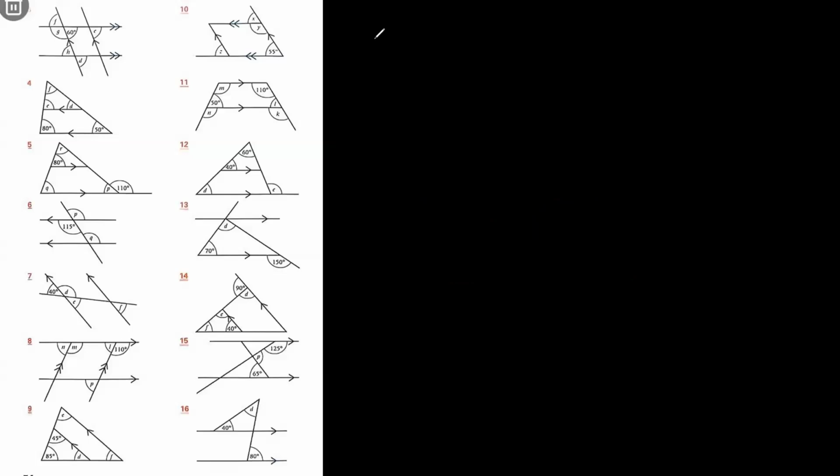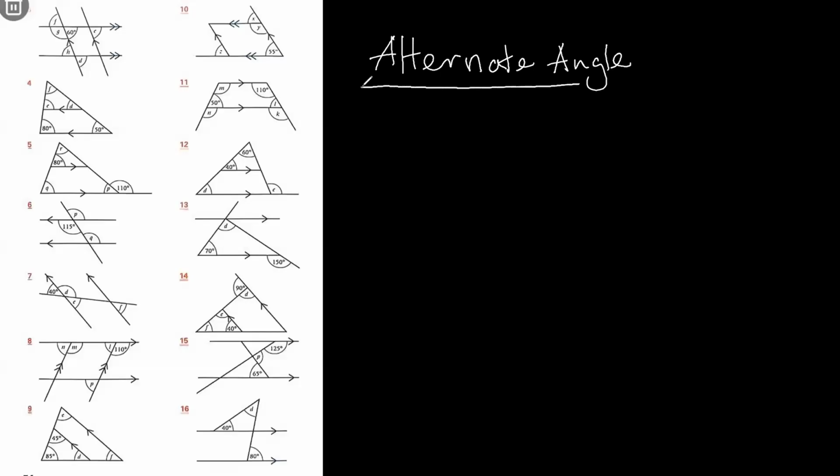And the last thing that we want to look at quickly before we go, and I'm not going to give much, is alternate angles, because our time is up. So I'm just giving you, you could go back and look at it. Alternate angles. These are the last two. Alternate angles are equal.